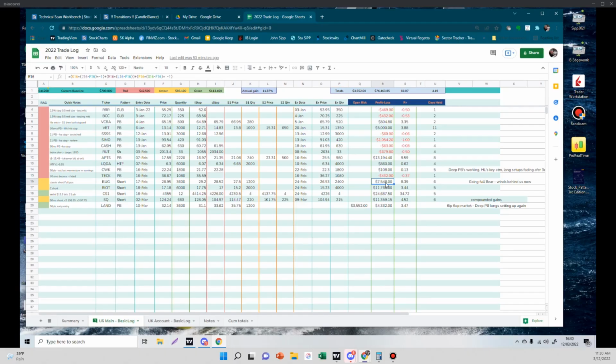Just because that's my system, it makes no difference whether a trade's long or short. My risk management has got nothing to do with my trade selection. I'm looking at setups and trade selection.